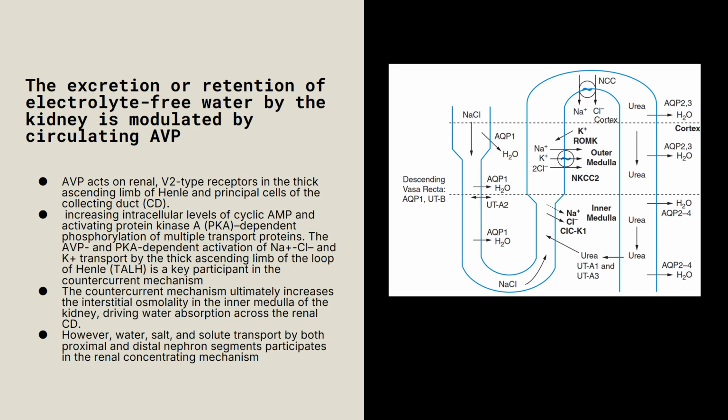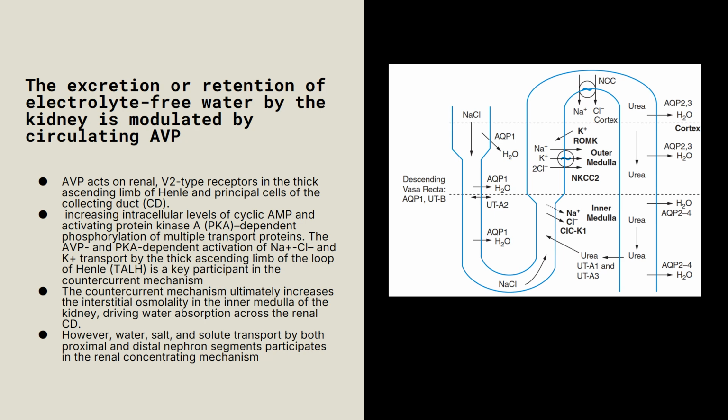So what happens here is that the V2 receptor is going to increase cyclic AMP and protein kinase A phosphorylation. It activates the sodium, potassium, and chloride co-transporters, leading these solutes to go to the inner medullary medium, thus dragging more water in as the collecting tubes or collecting ducts dip downward through this highly concentrated medium.